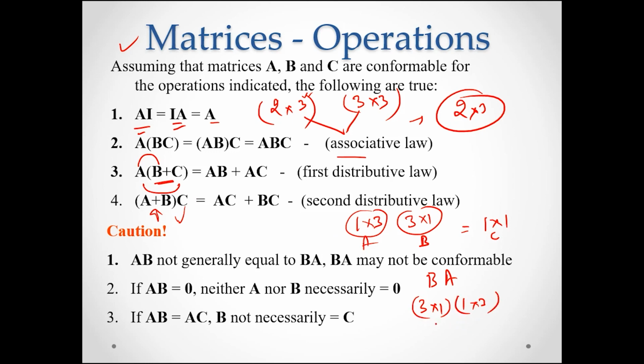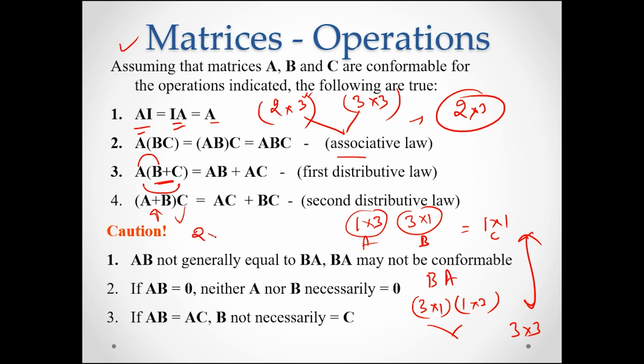Again, conformability is possible, but the output will be 3 cross 3. So these matrices are clearly not going to be equal. So AB may not be equal to BA in general. And obviously, it is not always true that they are going to be conformable.